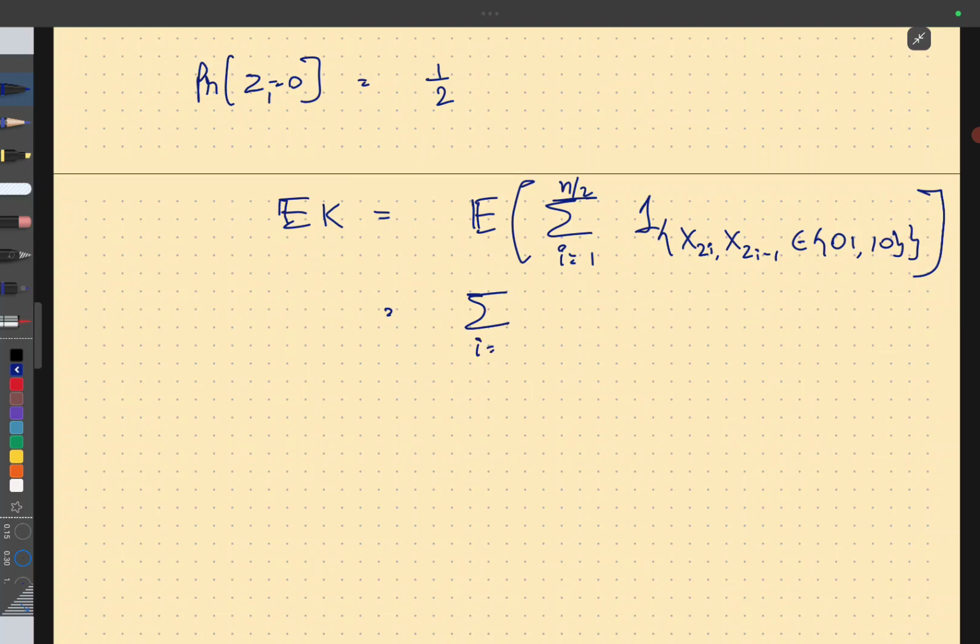So this is just summation i equal to 1 to n by 2 of 2p into 1 minus p. So the expectation of K is basically just n p into 1 minus p, assuming that n is even.